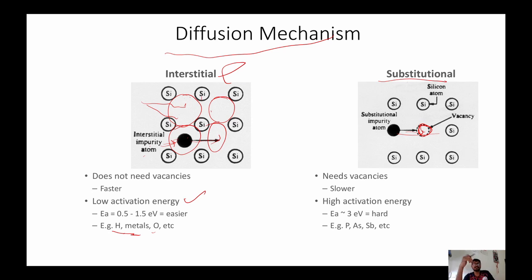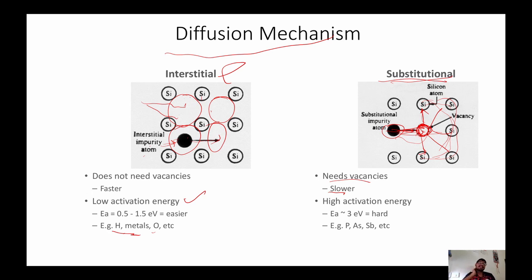In substitutional diffusion, atoms need vacancies, and these are slower. Whenever the impurity atom moves to a vacancy, it will wait for vacancies to be created nearby. Whenever there is a nearby vacancy, the atom can move there.